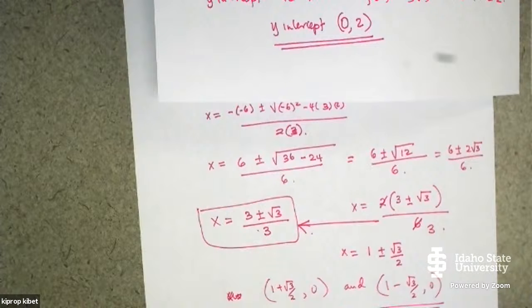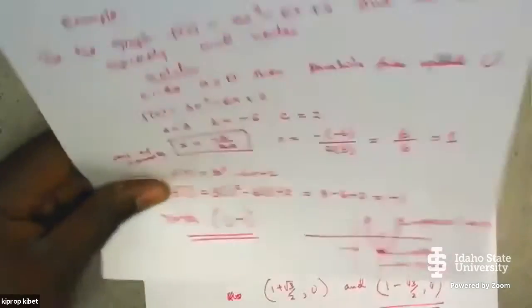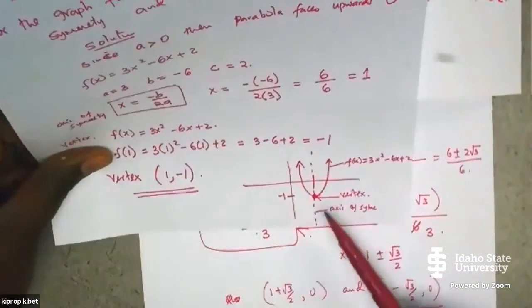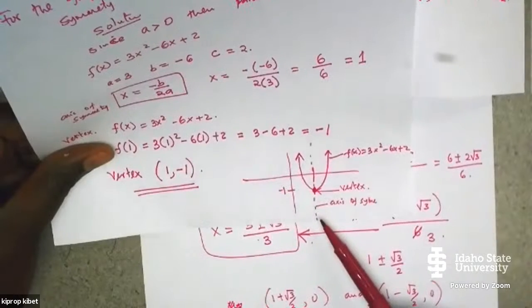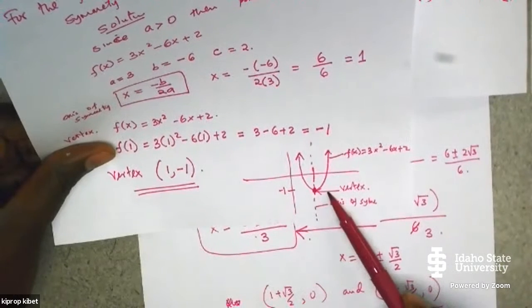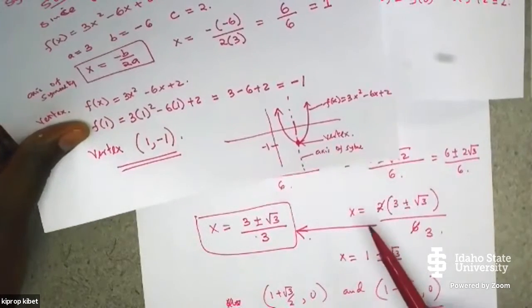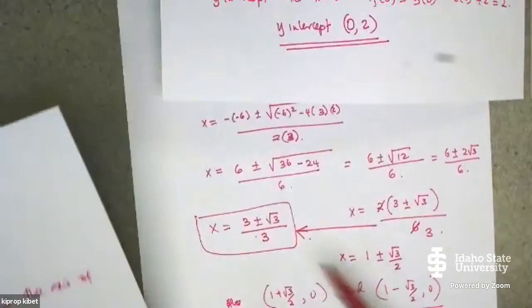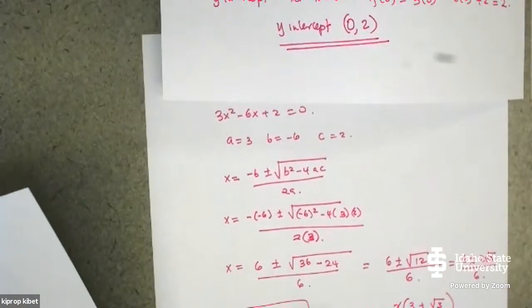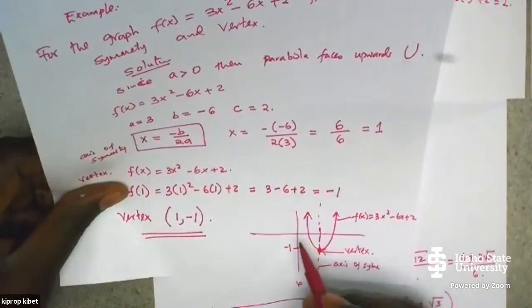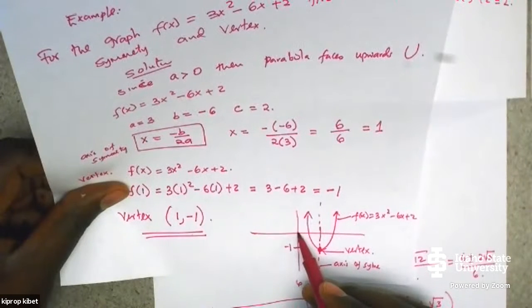So now, looking at this sketch here, which we had already sketched, we have already gotten the value of the axis of symmetry and the vertex. The y will be what? Our y was 0 and 2. So our y is at the point 0 and 2.